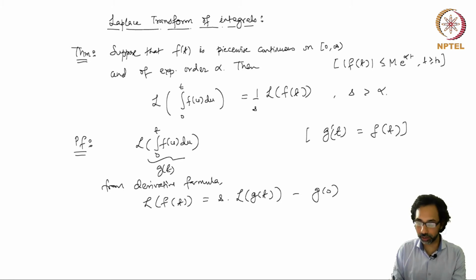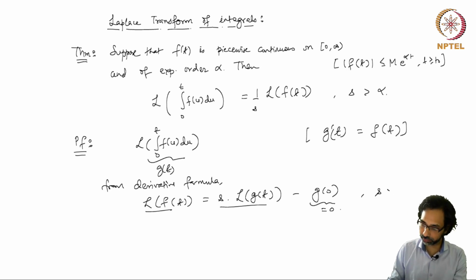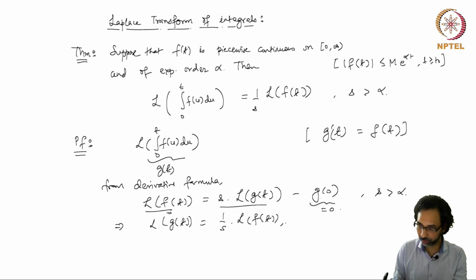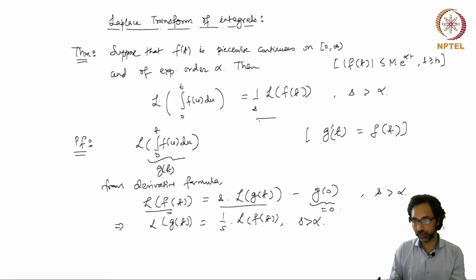But since g is defined as an integral, this is simply 0, and so we are left with L of f(t) is equal to s times L of g(t), and this formula is valid for s greater than alpha. This is needed for the Laplace transform of f(t) to exist. This implies that the Laplace transform of g(t) is simply 1 over s times the Laplace transform of f(t), and this is our theorem. So the proof is really easy, and it follows from the derivative theorem, and we have already seen one example here.